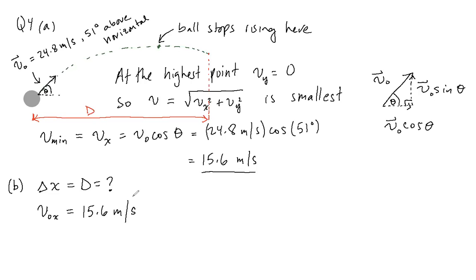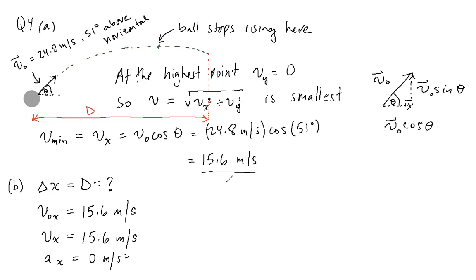That's what we found in part A. And then the final speed along x is the same because the speed along x does not change. And then the acceleration along x, of course, would have to be 0. Okay, so this is what we know about the x motion.